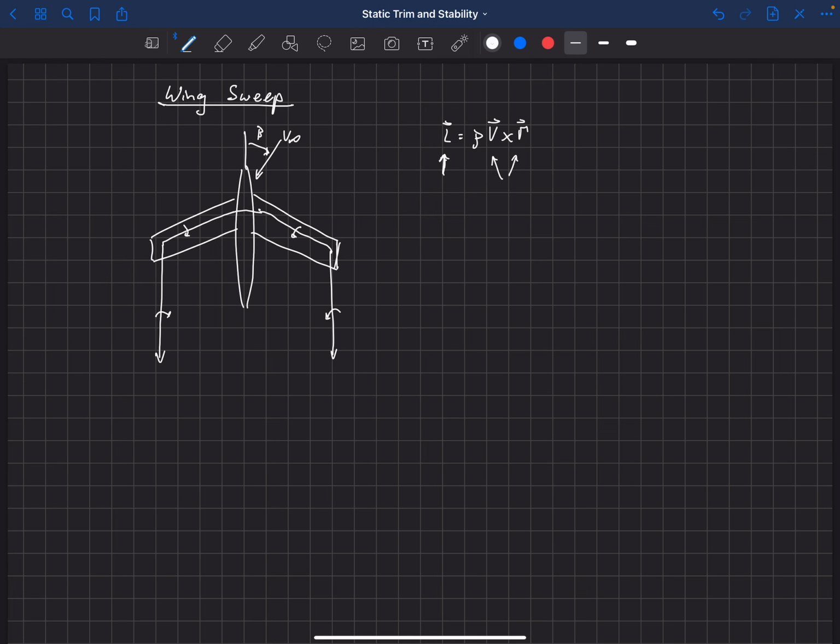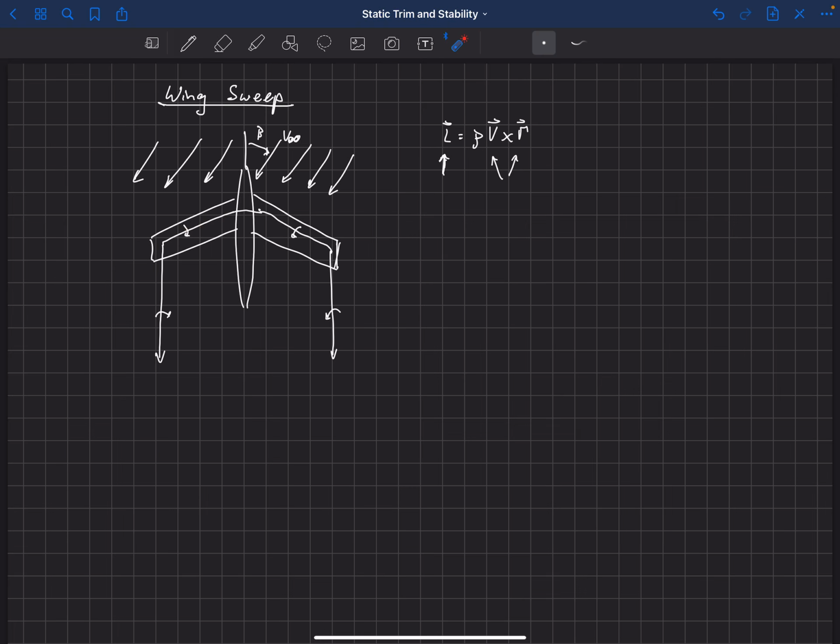But anyway, what happens here is if we look at the whole velocity field that this aircraft is seeing, this V infinity is actually hitting the aircraft like this. And here we're going to neglect induced velocity due to the wing, so if we just use the free stream velocity here to visualize this, what happens is over on the right hand side, this free stream velocity is more perpendicular to this lifting line, to this vorticity, than the free stream velocity is to the lifting line on the other side of the aircraft.